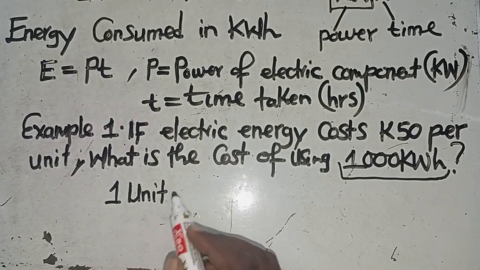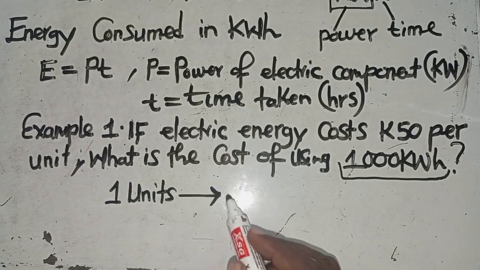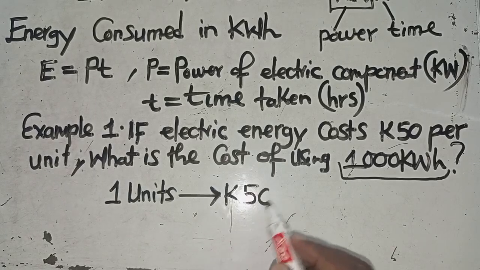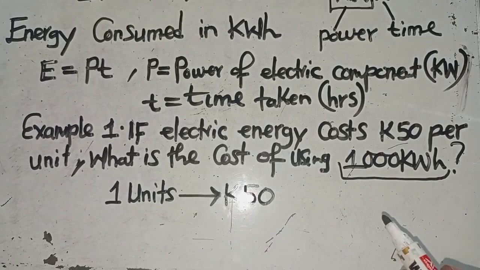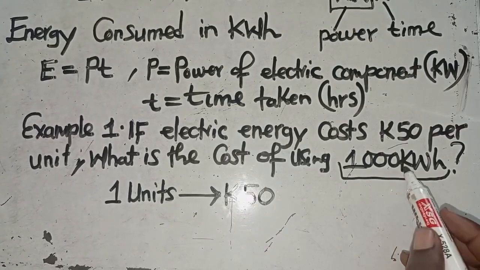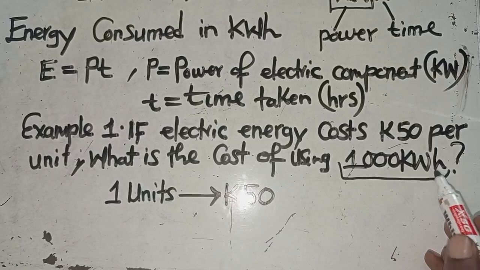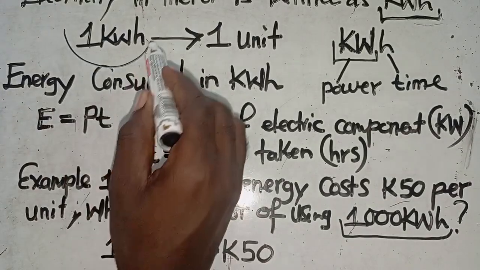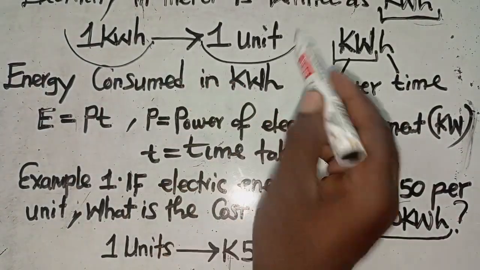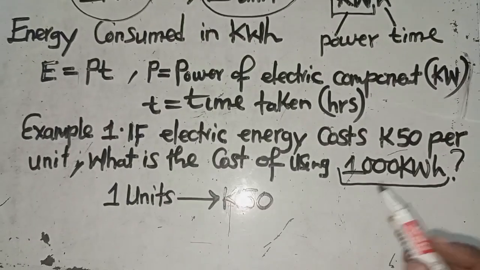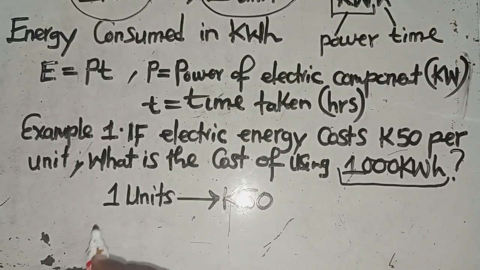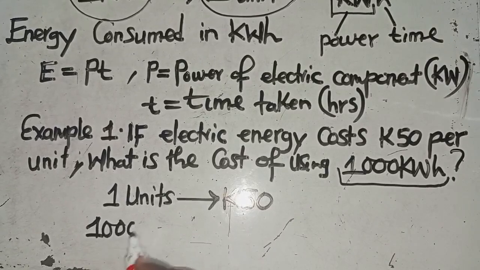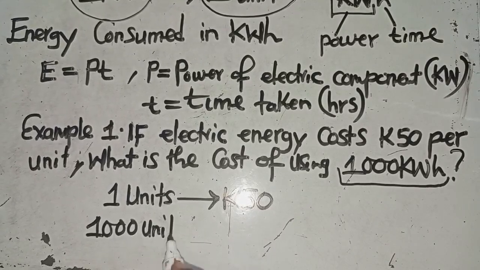If 1 unit is costing 50 kwacha, and remember what I told you, kilowatt hour is just the same as a unit. So 1,000 kilowatt hours is just the same as 1,000 units.